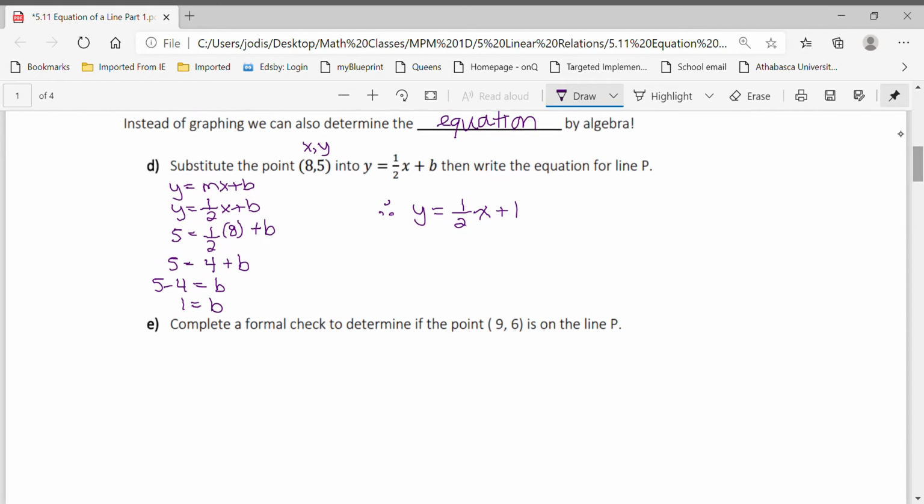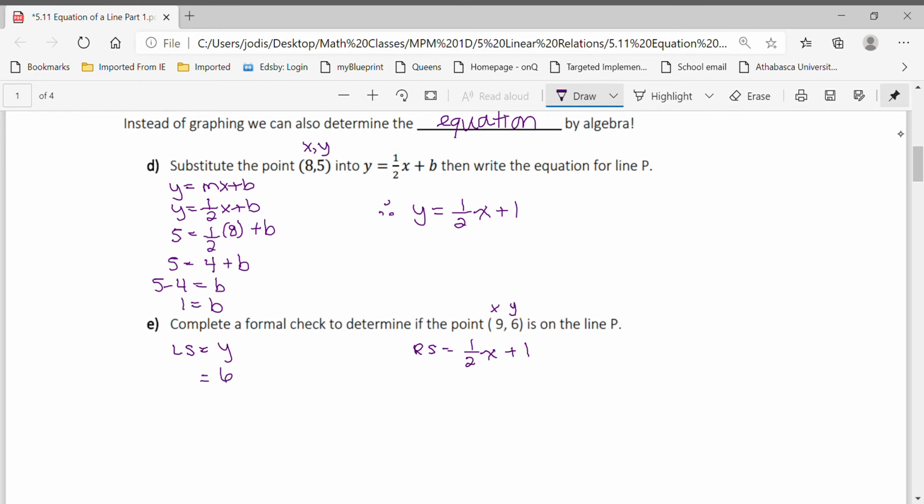So we can actually do a formal check to determine if any point that they give us is on the line. So if we take the left side of our equation, which is just y, and then we have the right side of our equation, which is 1/2 x plus 1. So we're looking for the point 9, 6. Well, 9 is x and y is 6. So right here, we're going to sub in 6 for y.